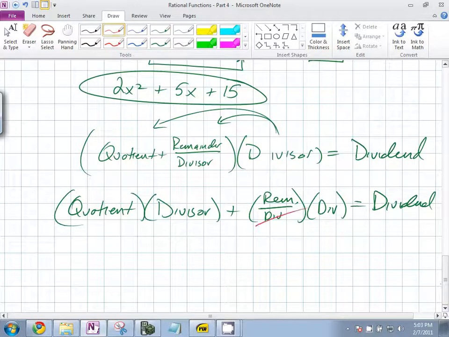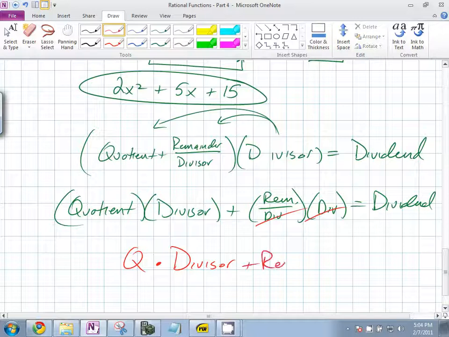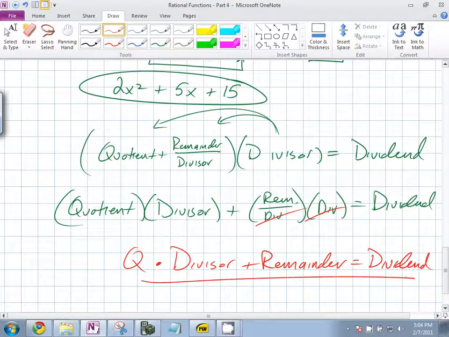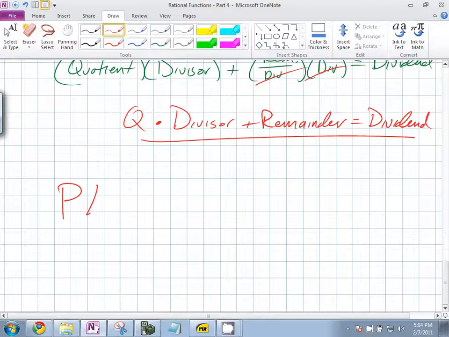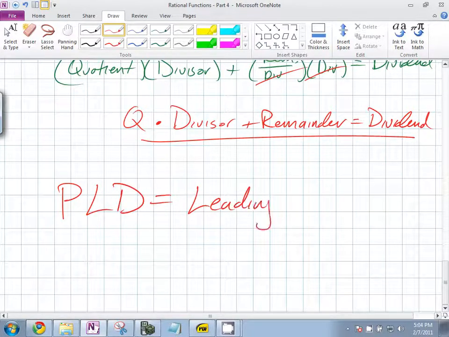The divisor cancels, so you have quotient times divisor plus remainder equals dividend. You need to know these words so we can communicate properly. So please remember, the key to polynomial long division is leading over leading.